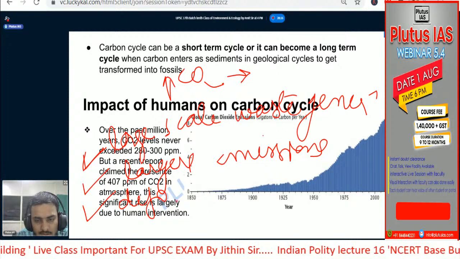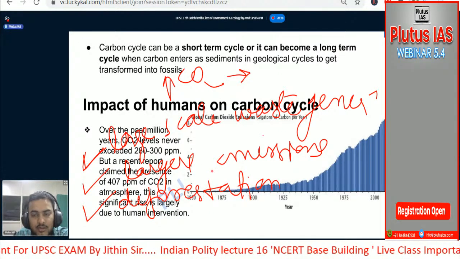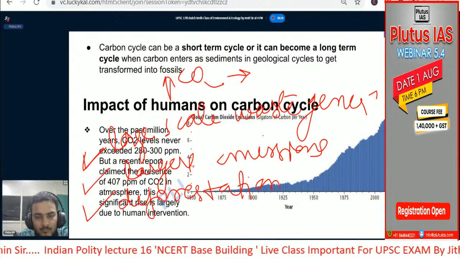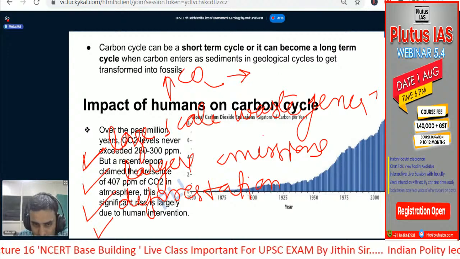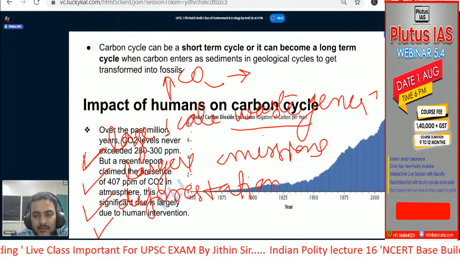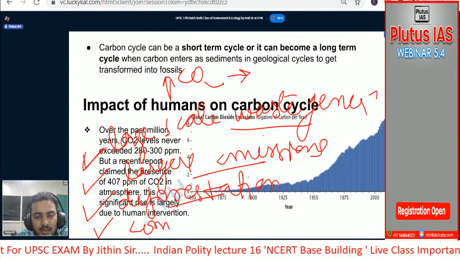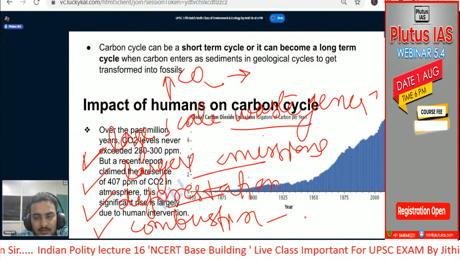Deforestation is also leading to this carbon increase because the carbon stored in forests is released. Then what was the other point? Large scale waste generation, larger emissions, deforestation. You can also write about combustion, especially in vehicles and factories.